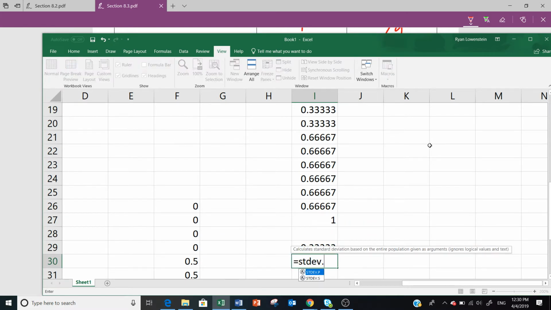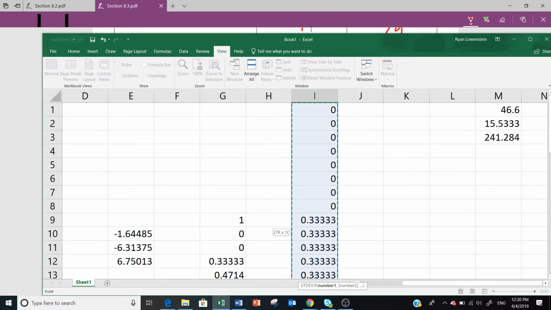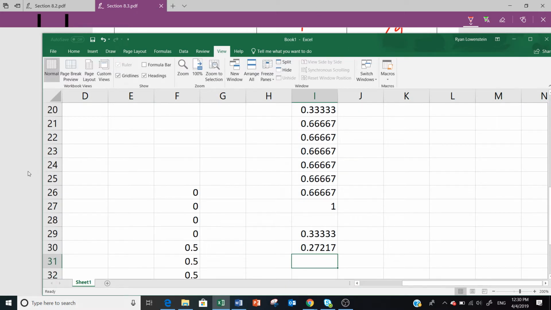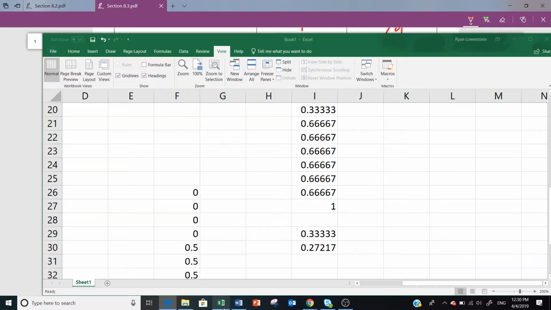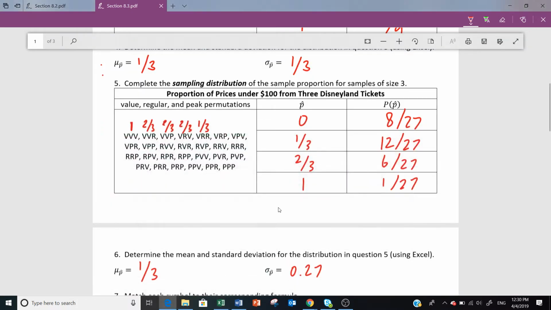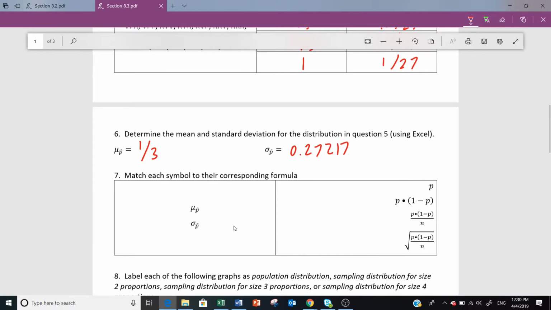STDEV.P, highlight all the values. We get 0.27217. Okay. So there's a cheat code formula, just like last time, to find these values.